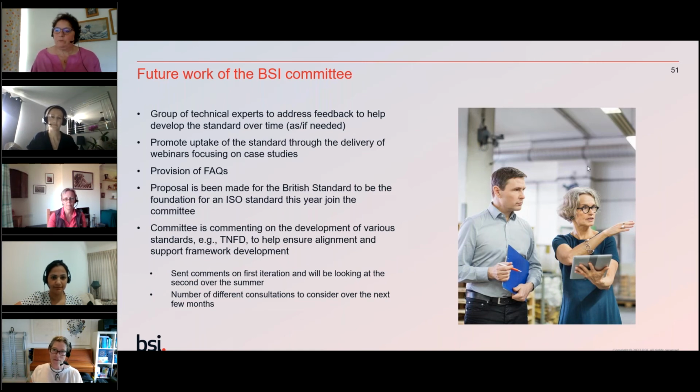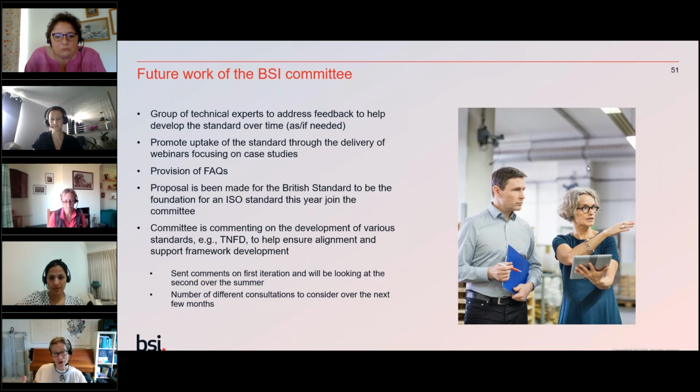That is kind of to be expected, but some of the really exciting developments include making a proposal for the standard to become an ISO standard and trying to get that process kicked off later this year. The other thing that the committee is really working on is being part of those consultation processes. TNFD has been mentioned both in the presentations and in some of the questions that we got originally.